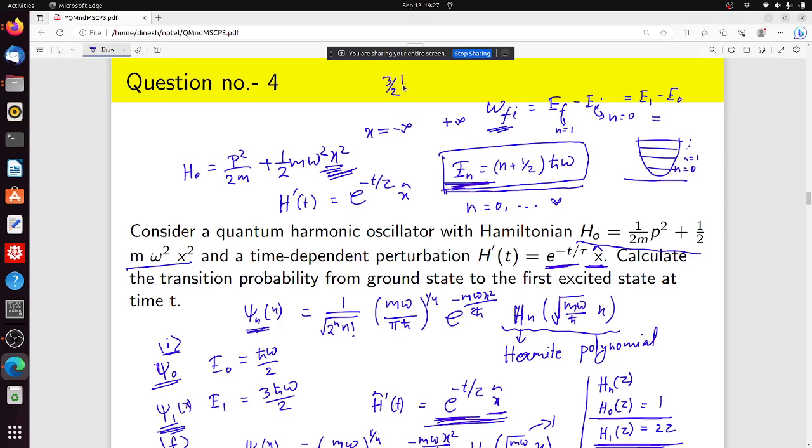Three by 2 h cross omega minus h cross omega over 2. This will give me h cross omega, right? This is e1, this is e0, so my omega fi is h cross omega, right? Understood?